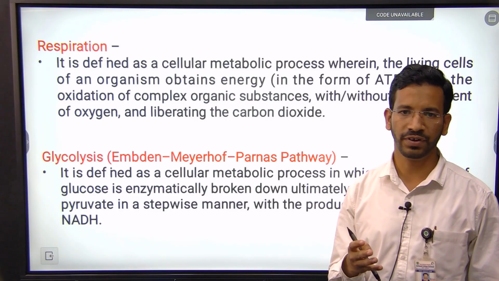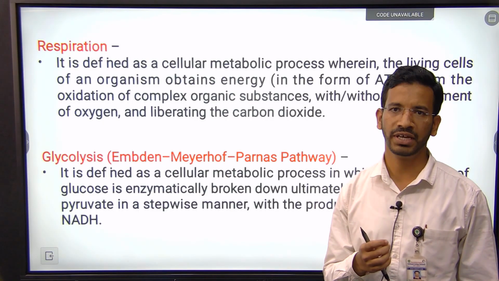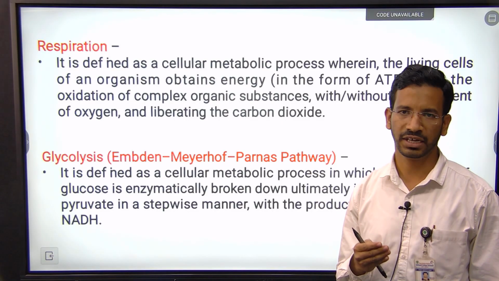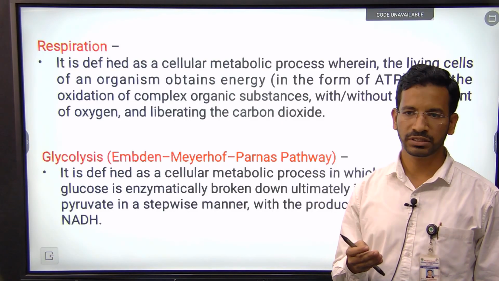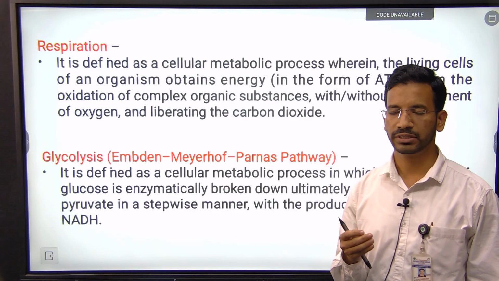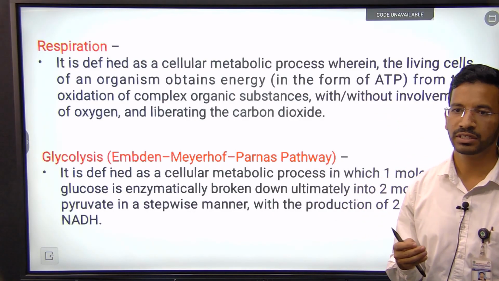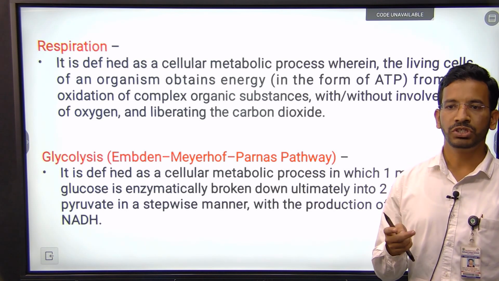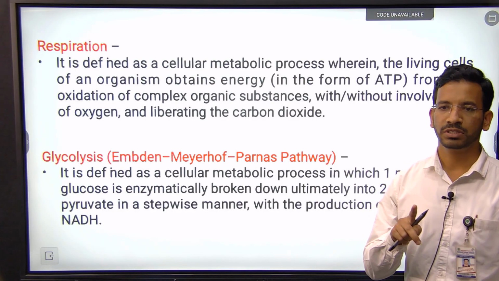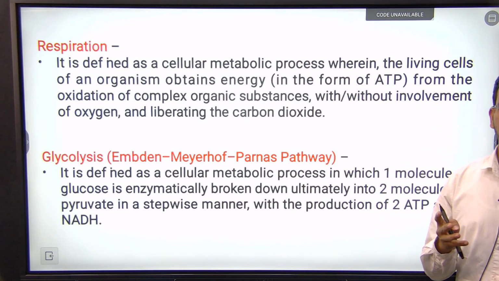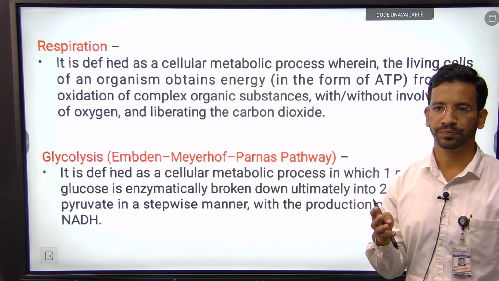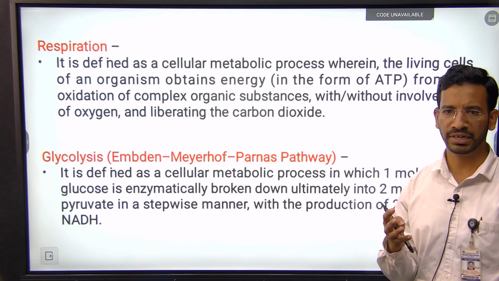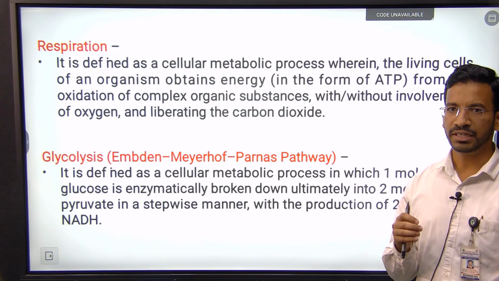That pathway of glycolysis is also referred to as Embden-Meyerhof-Parnas pathway. So three different scientists have given this pathway of glycolysis. Glycolysis is a cellular metabolic process in which one molecule of glucose is enzymatically broken down, step by step.